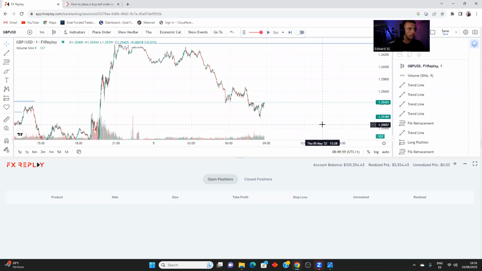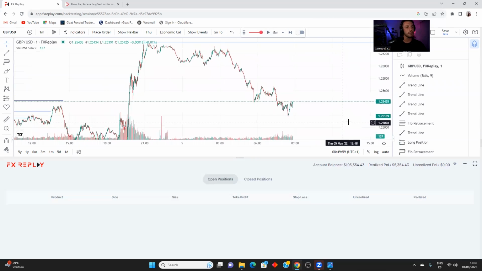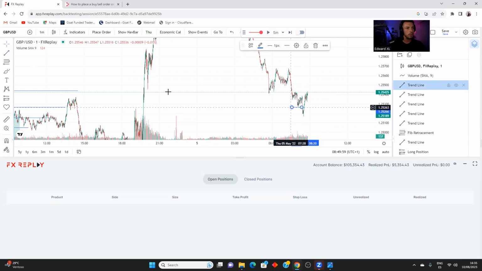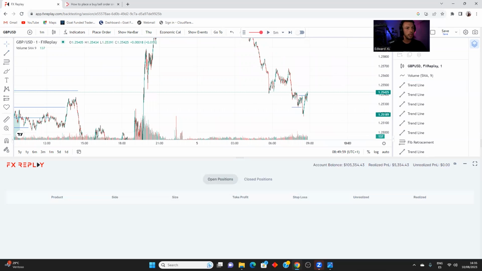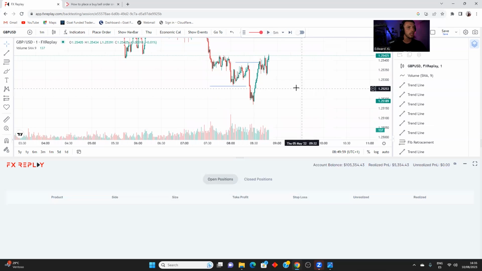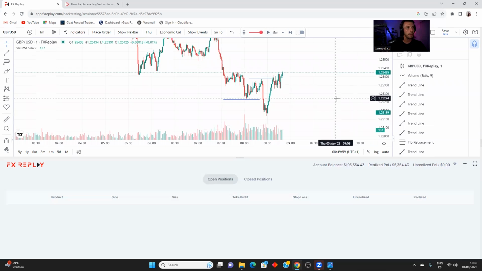Perfect. So here, what happens is that we have a break to the downside and a break to the upside. At this point, what I need to look for is a confirmation to enter sales. Okay.